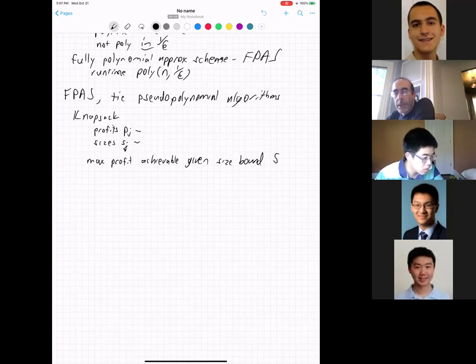So that this lets me do things involving the sizes that I can't necessarily do with arbitrary numbers. And in particular, it's going to let me invoke the paradigm of dynamic programming.